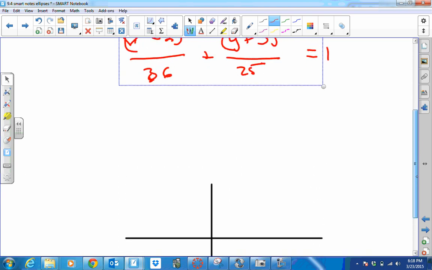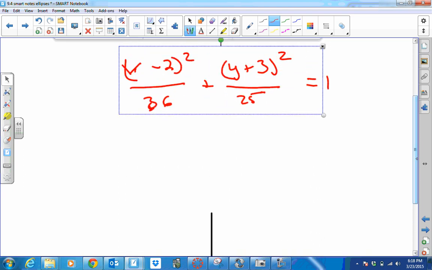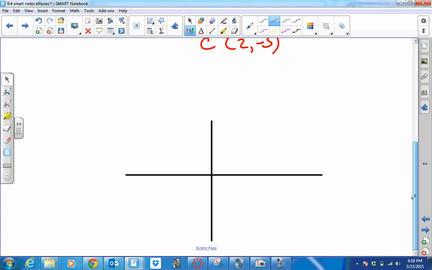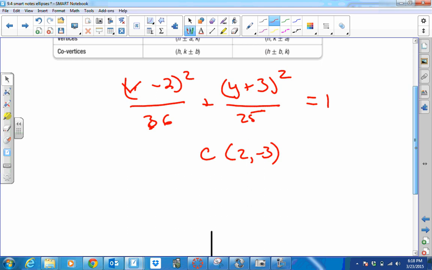We'll draw it down here. How far do I go? Where's my center first? My center is at 2, negative 3. So if I have point 1, 2, 1, 2, 3, about right here, and that's my center. How far do we go in the x direction?